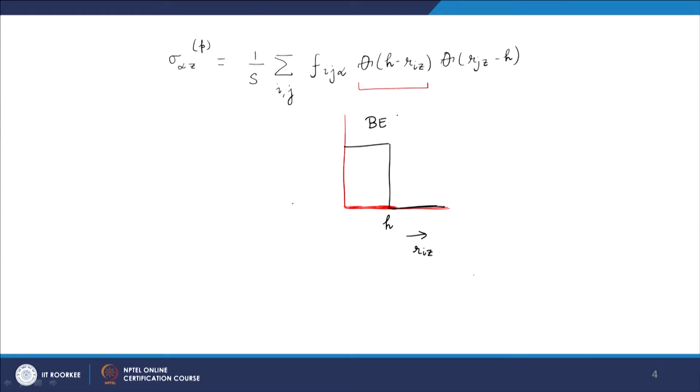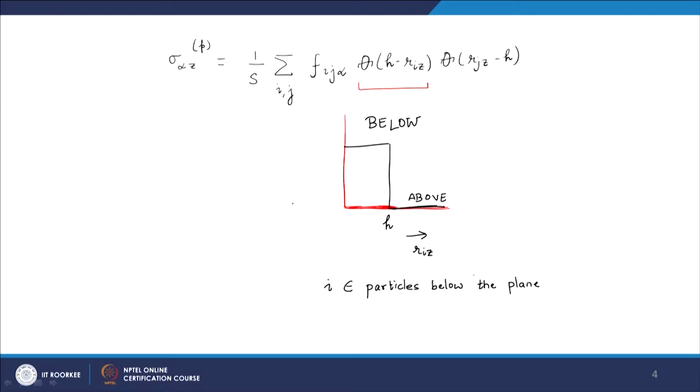If it is higher than h, then the theta function will give you 0. That would be the case if the particles are below the plane. Particles below, it is going to be 1, particles above, it is going to be 0. So, in this way I will represent particles below the plane.